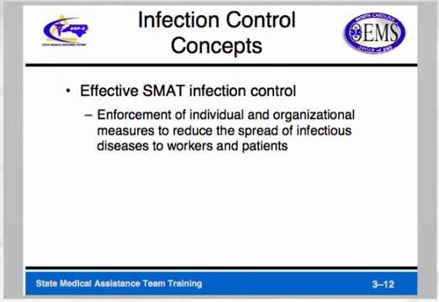Infection control and SMAT operations fall into two general measures to reduce the spread of disease. First, they target strategies to prevent the spread of infectious disease from one person to another. And second, they reduce environmental exposures that might lead to infectious diseases. From a team perspective, separating ill team members from others working in the field is extremely important.